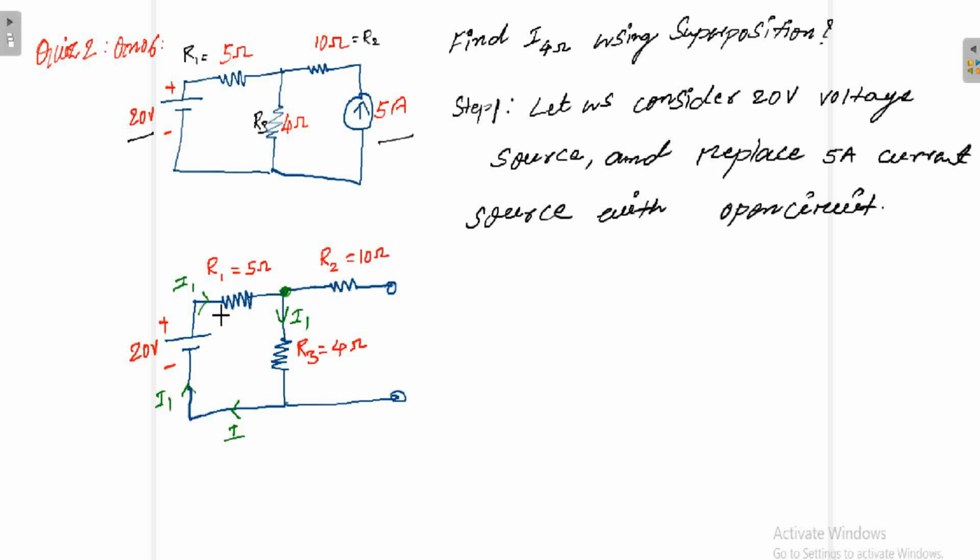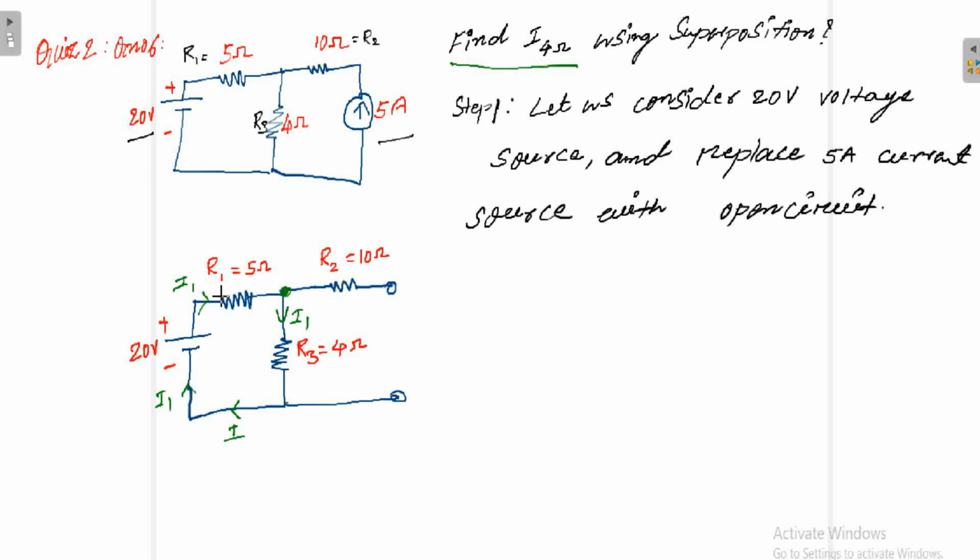It means that for 20 volts, 5 ohms and 4 ohms, only the current I1 is flowing through the 5 ohms and 4 ohms. What we have to find is the current through this 4 ohms.